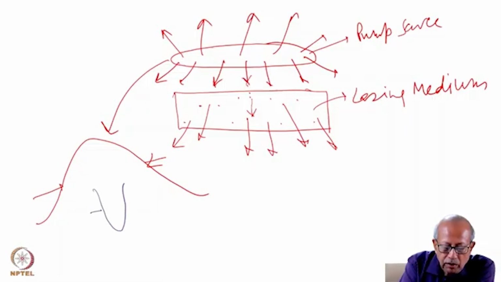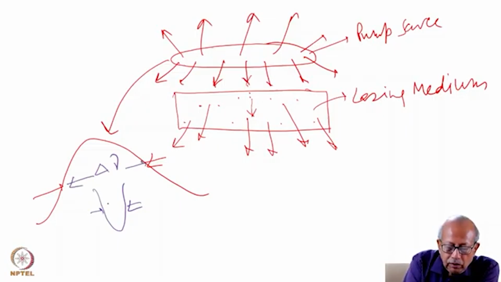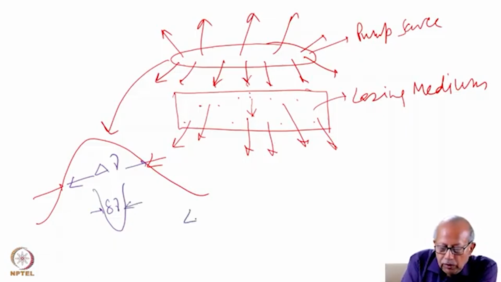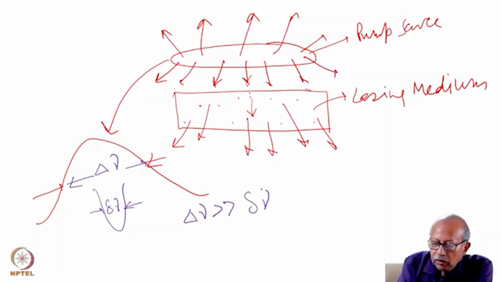So this is the absorption width, and this is the emission width of the source. This is delta nu, and the absorption width is much narrower. So the emission delta nu can be much higher than the absorption delta nu.